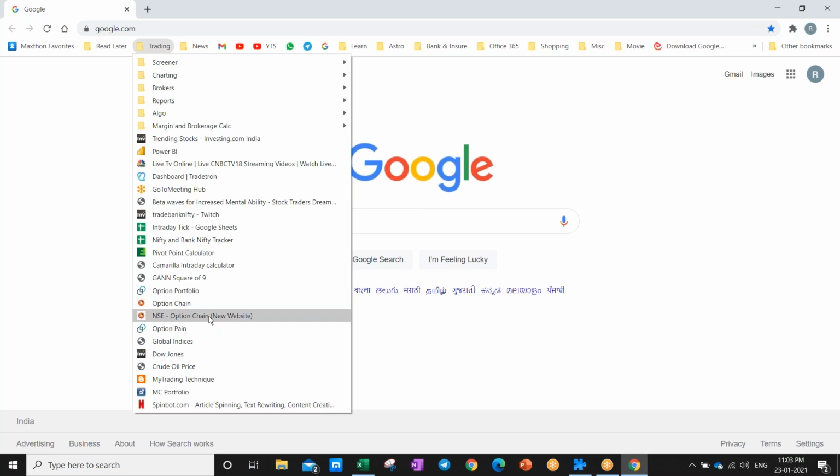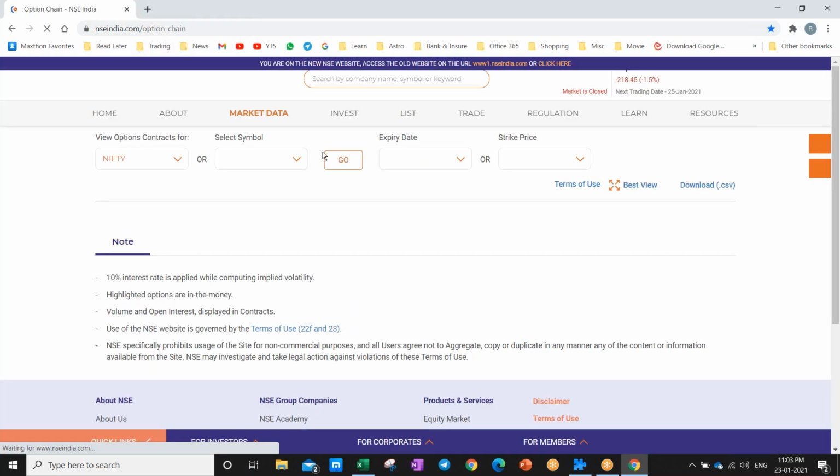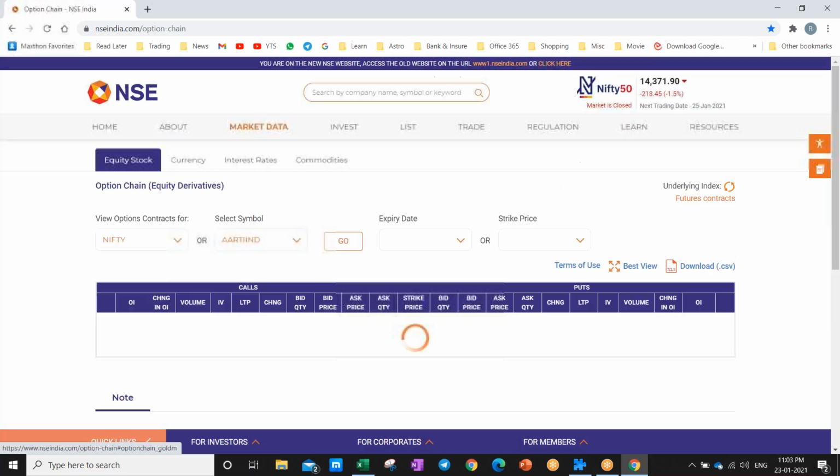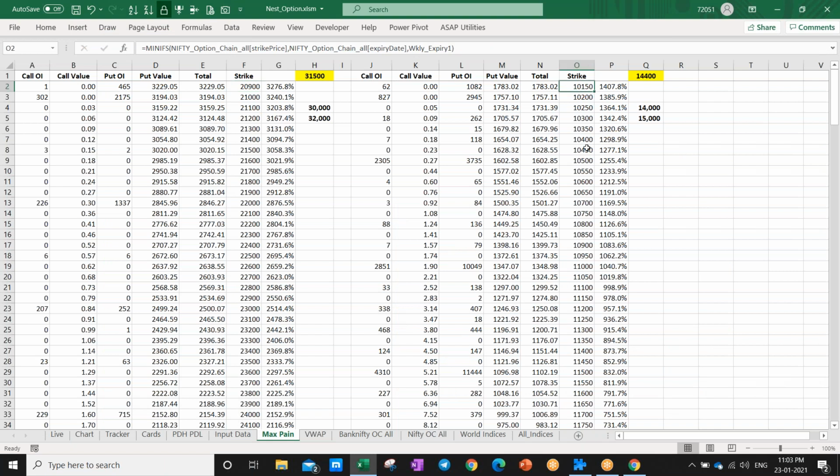For example, let me show you the Nifty option chain. You can see 10,150 is the lowest value. You can type 10,150 manually here, because the formula is not supported in versions other than Office 365. So you need to update it manually if your Excel has a problem getting the max pain.